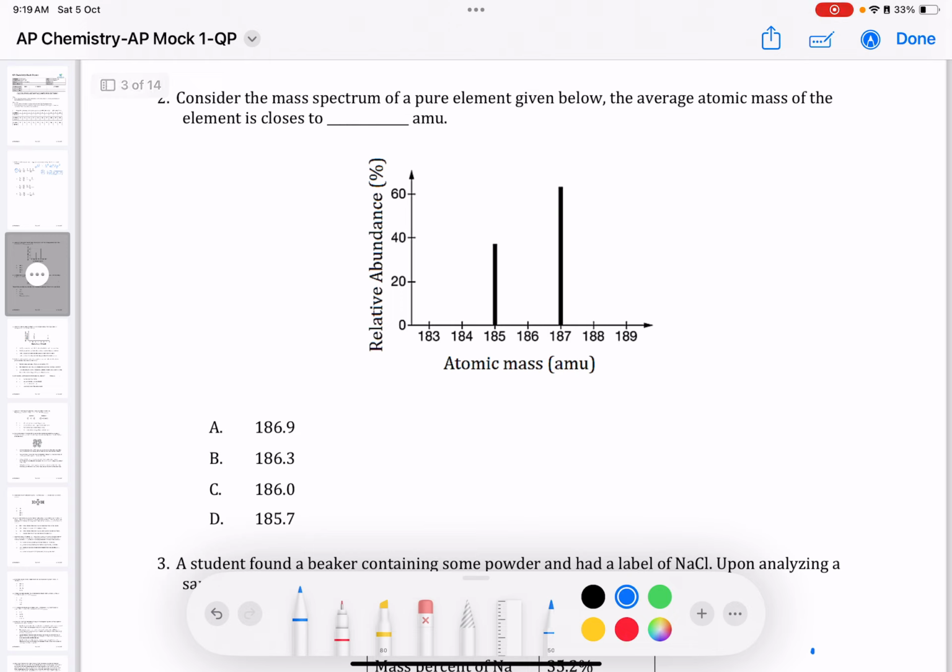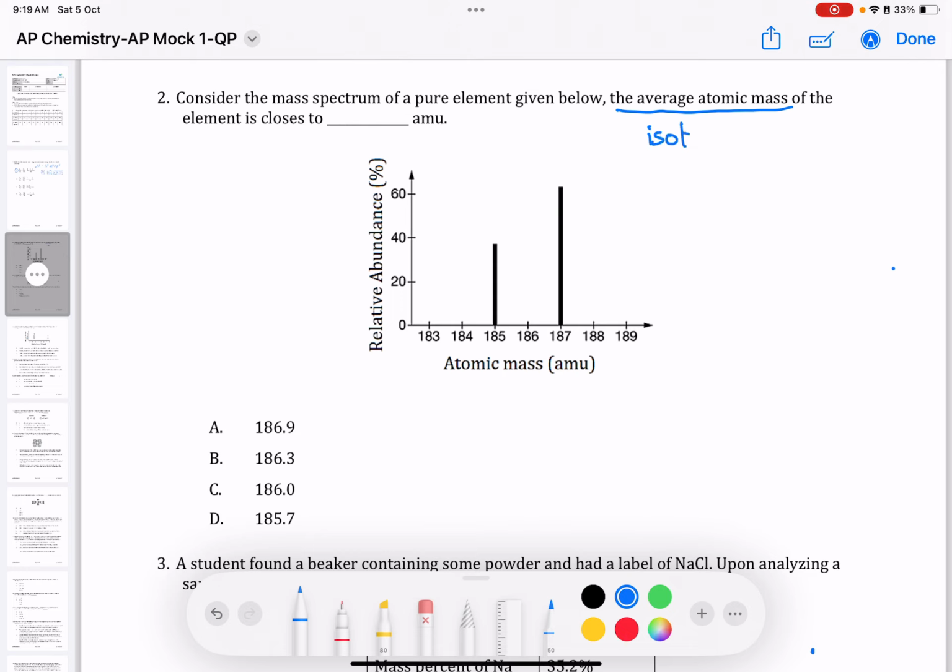Moving on. Isotopes and relative abundance. When we look at the periodic table, the periodic table represents the average atomic mass of the elements, which is the calculated average of all the isotopes.